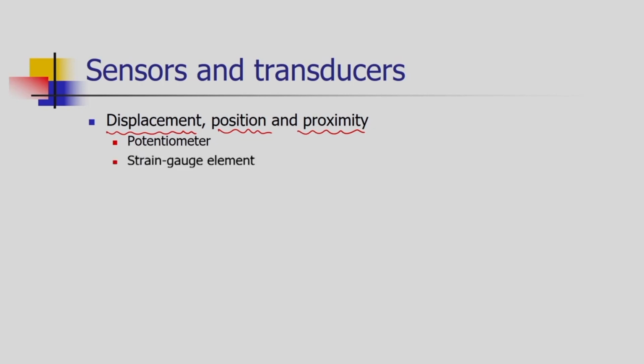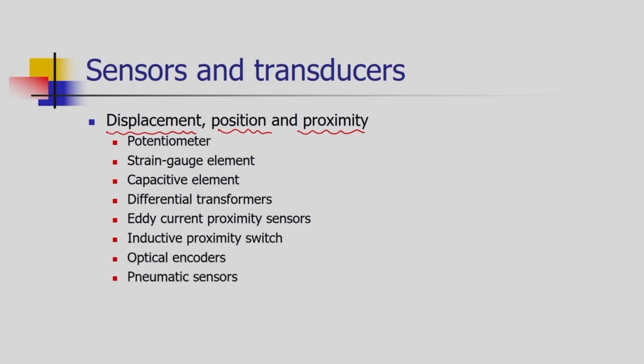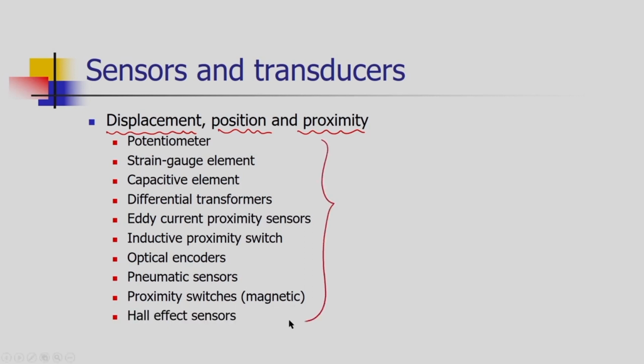These sensors are listed on your screen: potentiometer, strain gauge element, capacitive element, differential transformers, eddy current proximity sensors, inductive proximity switch, optical encoders, pneumatic sensors, proximity switches, Hall effect sensors and many more. So, these sensors are in general used in the manufacturing automation.